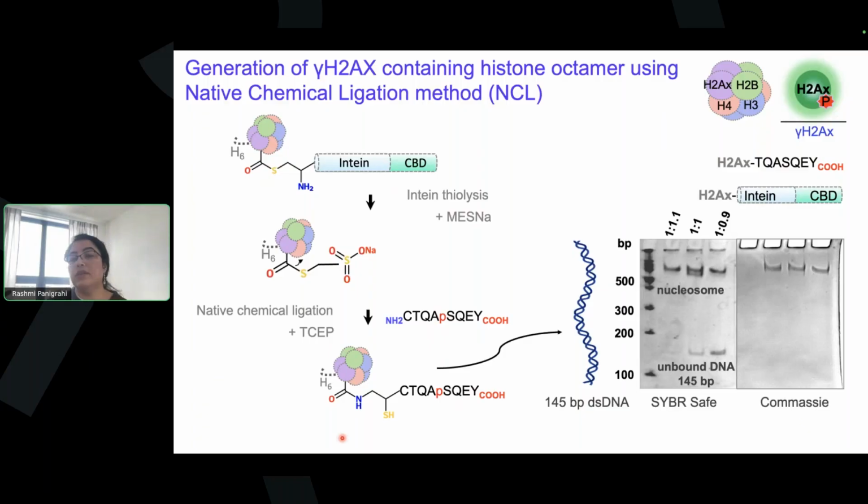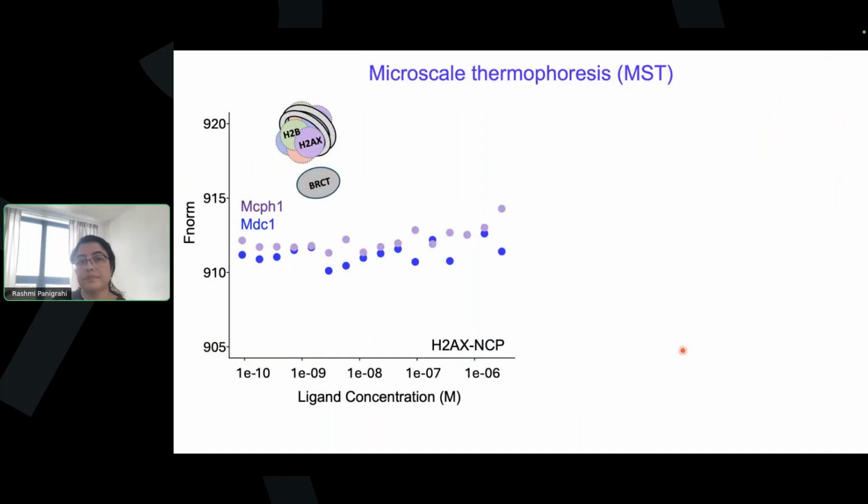And then we visualize it on a native PAGE. When we incubate a fixed concentration of DNA with increasing concentration of histone octamer, at one point we have fully formed nucleosomes. That means we have no unbound DNA, and so we can use it for further binding and structural studies.